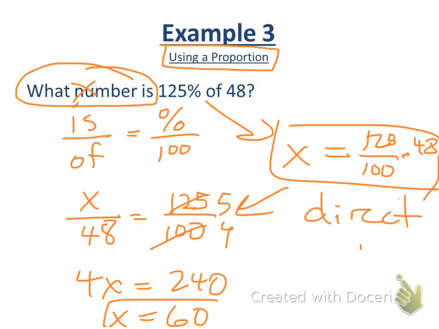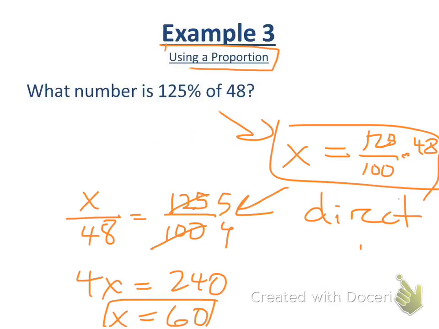Now, I always want you to make sense out of this, okay? If we go back and look at our original statement, does it make sense to say that 60 is 125% of 48? Yes, it does make sense. We could also plug it right back into our ratio.